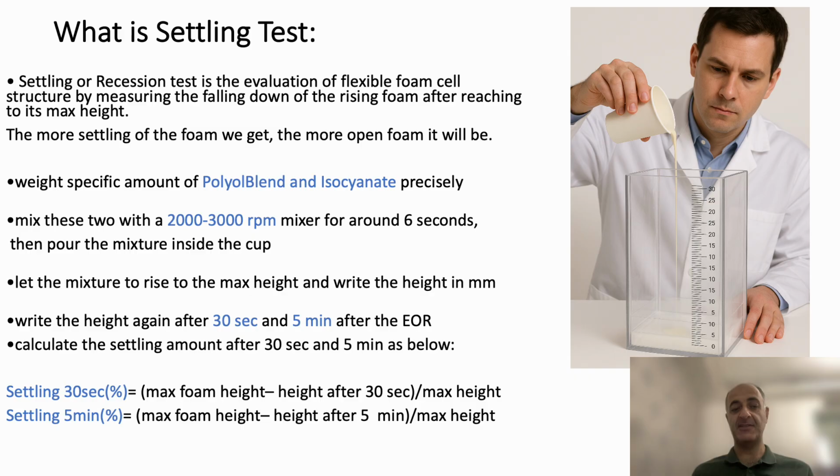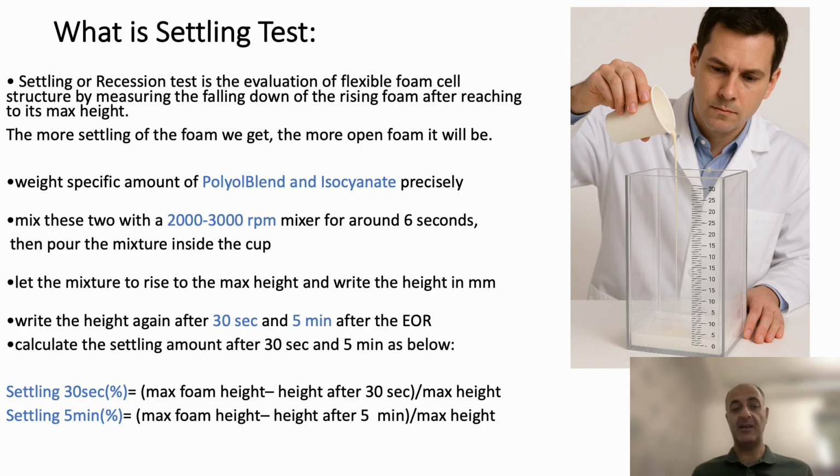After this, the foam starts to settle or fall down, and 30 seconds from the end of rise, and also 5 minutes after that, he measures the heights again at these two times. So finally he calculates the settling amount after 30 seconds and 5 minutes as below.